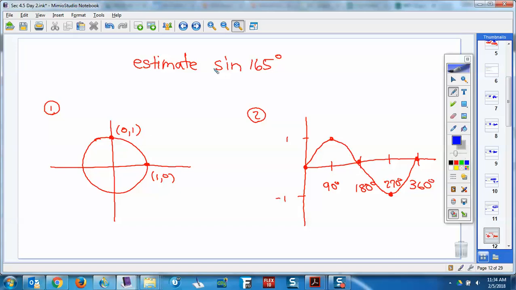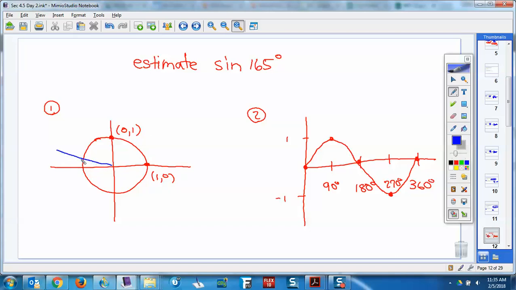So let's say I wanted you to make an estimate, the best estimate you could, of the sine of 165 degrees. Let's first do it on the unit circle. So where's 165 degrees? Second quadrant, where at? Up here? No, kind of down here, pretty low, right?